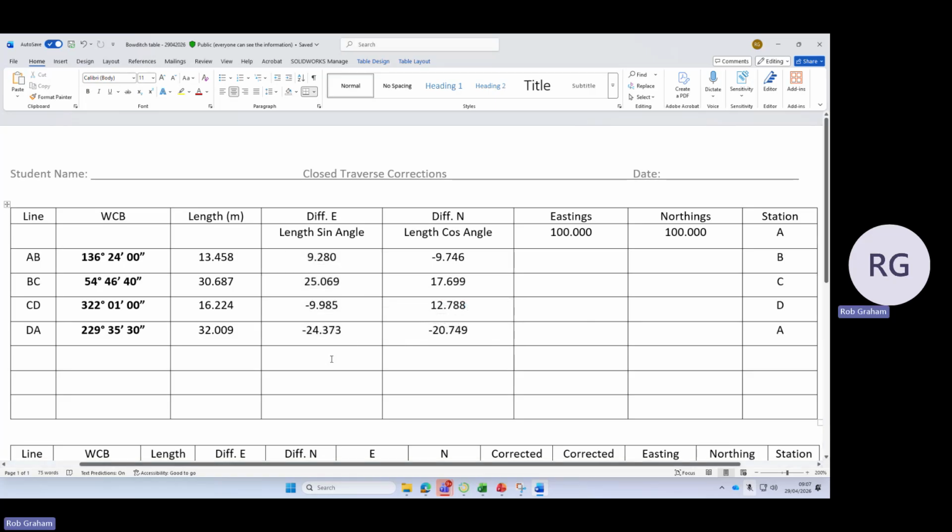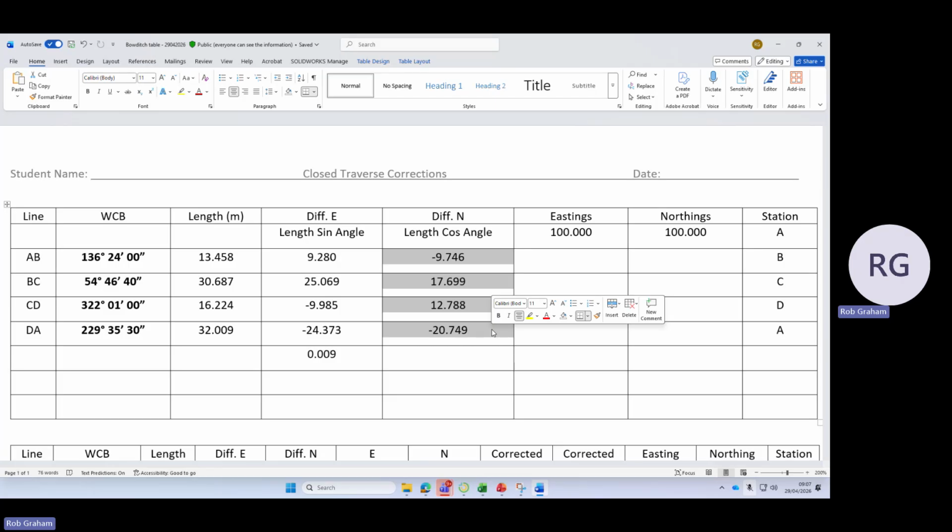We are getting 0.009 there, okay? And we do the same with the northings. We tally these up as well, starting off with a negative number, minus 9.746 plus 17.699 plus 12.788 minus 20.749.